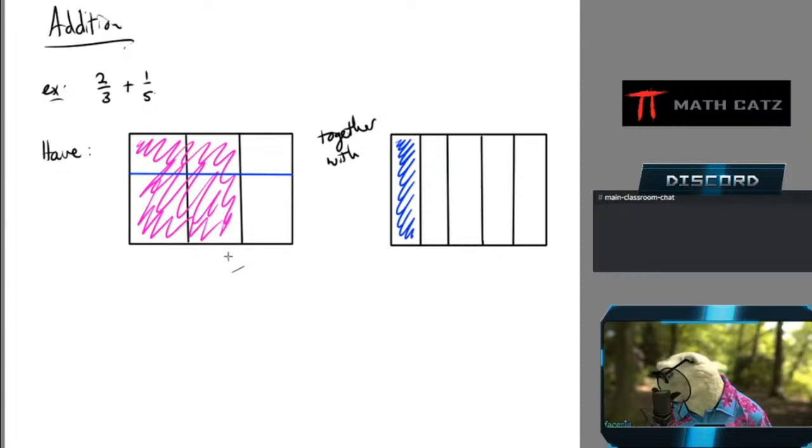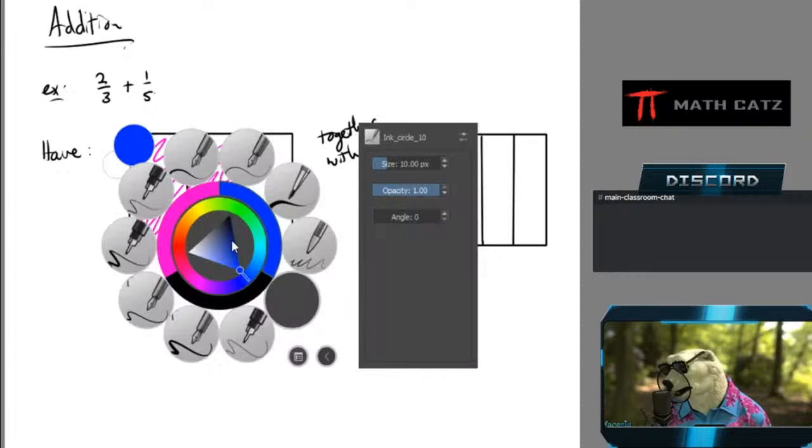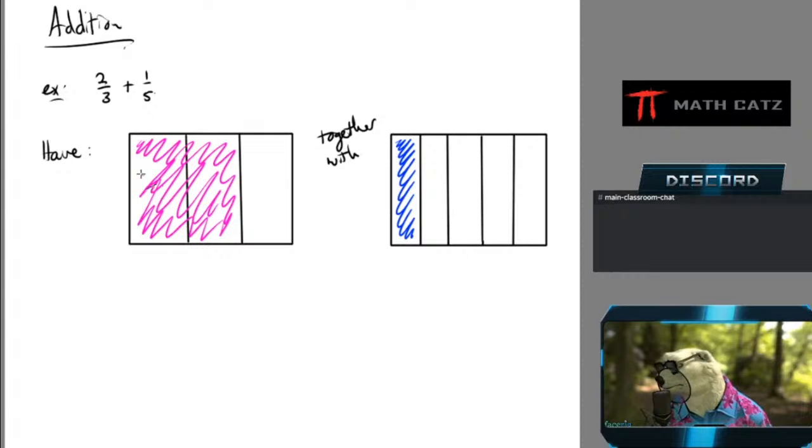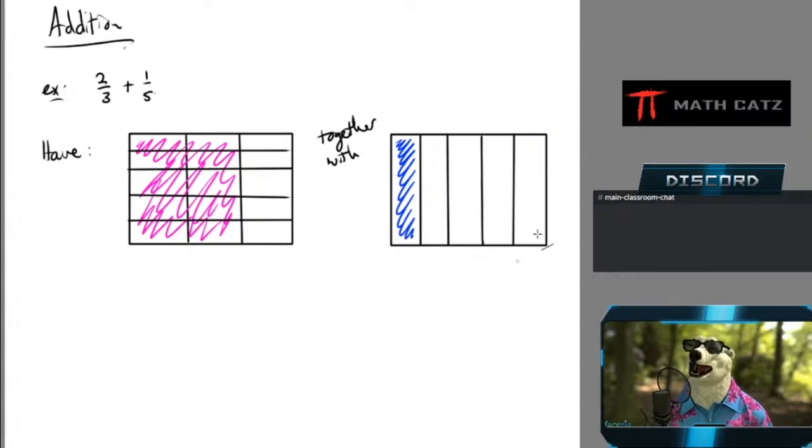Not blue, no. That'll just be confusing. Now I'm trying to make these as even or equal as possible, pretending that they're equal, right? It's never going to be perfect. And for my second amount, I'm going to use the first denominator to split that horizontally. So that'll be into 3 slices.